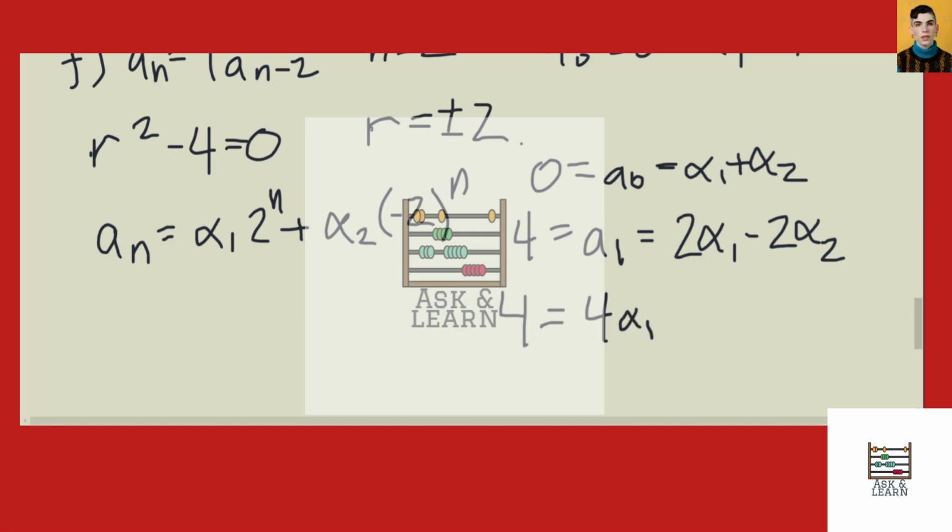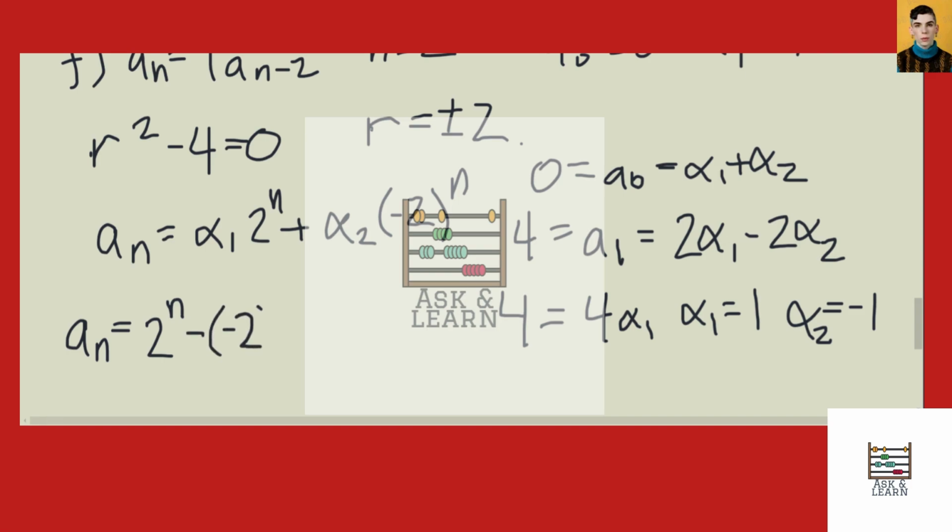So we have that alpha 1 is equal to 1, and therefore alpha 2 is equal to negative 1 by back substitution. And so we have the particular solution a_n is going to be 2 to the n minus negative 2 to the n.